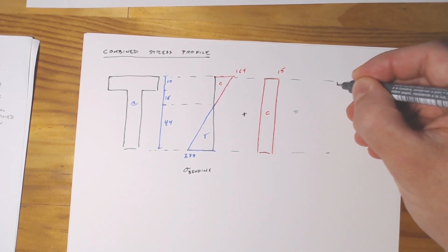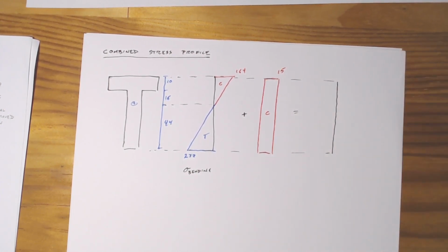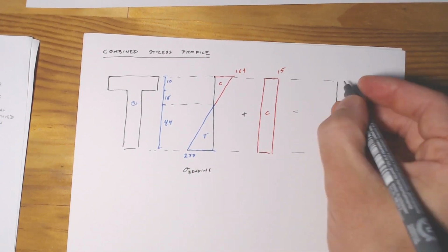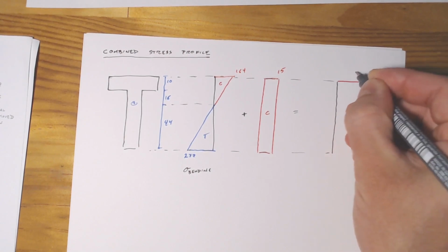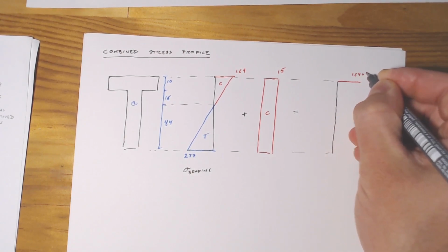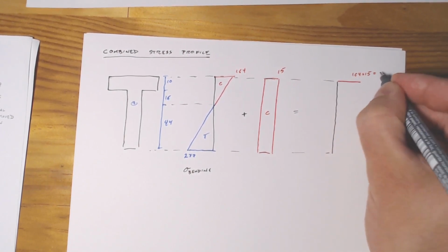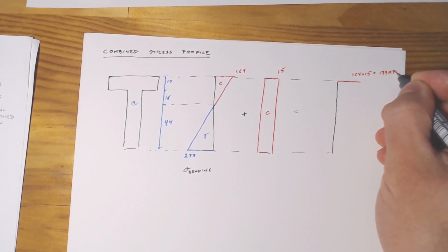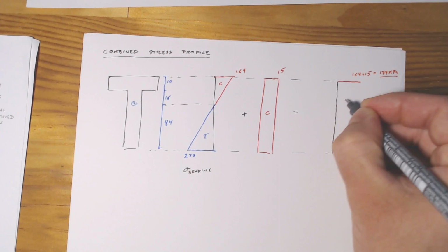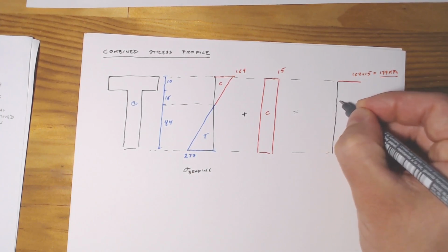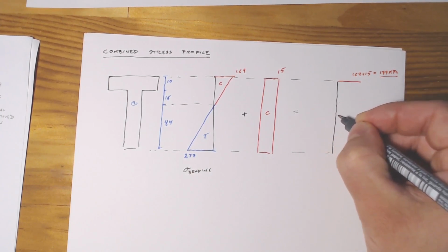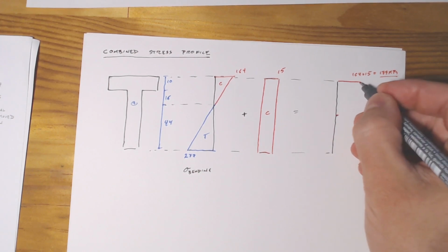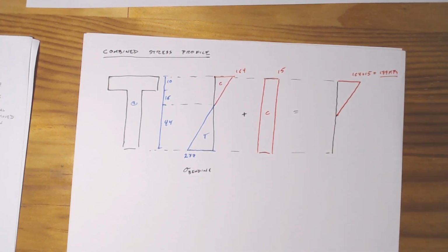So our total stress distribution is going to be 164 plus 15, which equals 179 megapascals in compression. And then our neutral axis will shift down slightly.